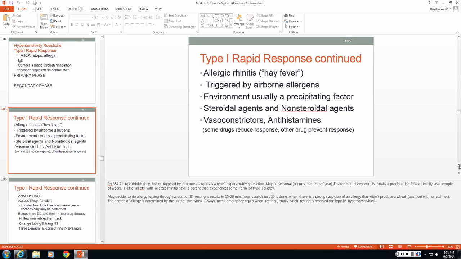Now, people with this may decide to do allergy testing through a scratch or intradermal test, which usually has results within 15 to 20 minutes. Intradermal testing is usually done when there's a strong suspicion of an allergy that didn't produce a wheal or a positive with a scratch test.